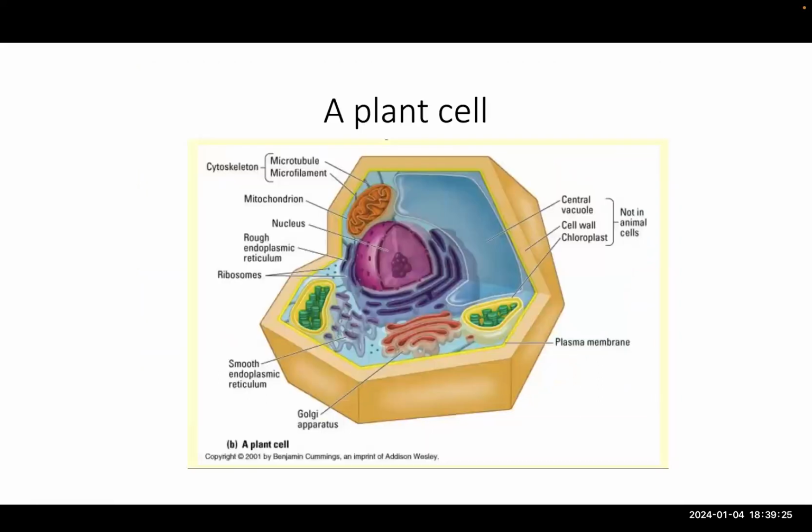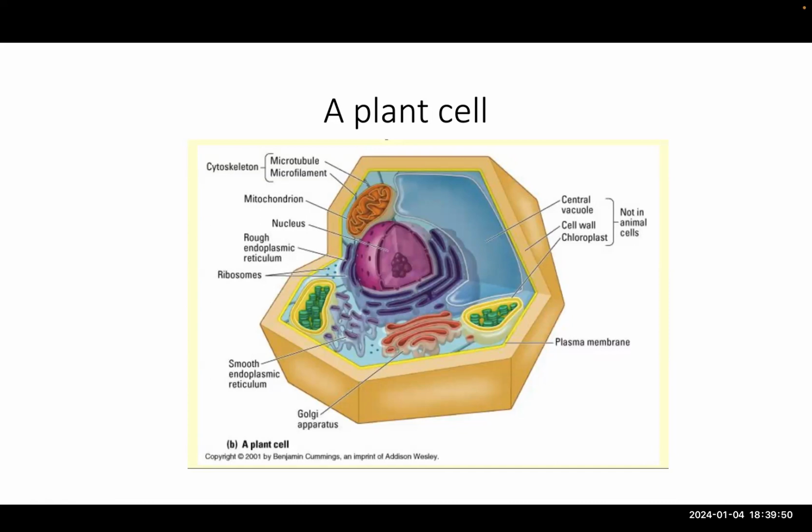We also have a plant cell picture here. That's another type of eukaryotic cell, and we can see the nucleus there in the center. Because they are eukaryotic, they have a nucleus, and they also have a cell wall. The cell wall is an additional part of the cell, and it's a rigid structure.